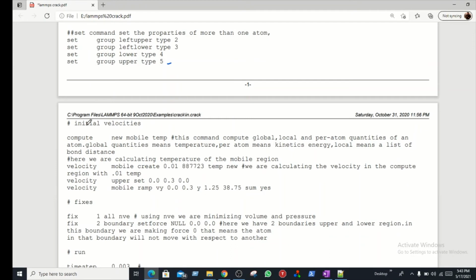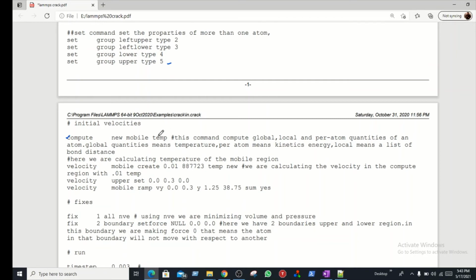After it, we are initializing velocities using the compute command, and in the compute command it is written new mobile temp. This command computes global, local, and per atom quantities of an atom. Global quantities means temperature, per atom means kinetic energy, and local means list of bond distance.